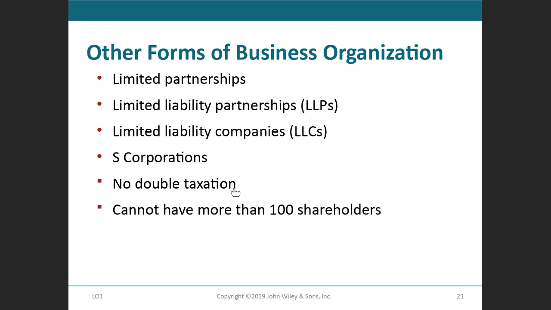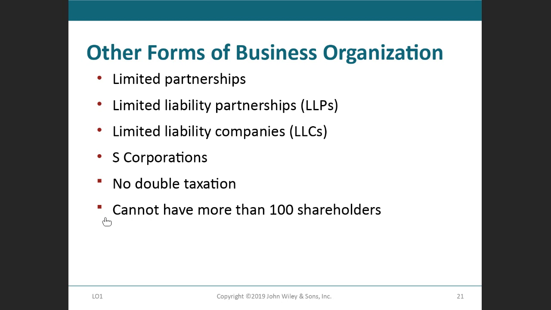So there is no double taxation if there is an S corporation, but the limit on the number of shareholders is 100. So the S corporation cannot have more than 100 shareholders. And for the purposes of counting, husband and wife are considered as one shareholder. So you can have 100 married couples own an S corporation.